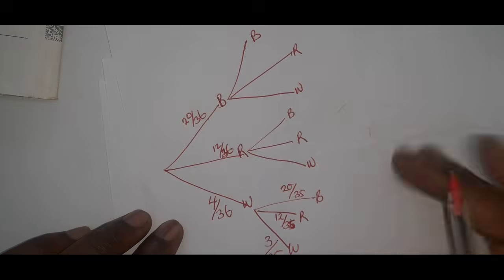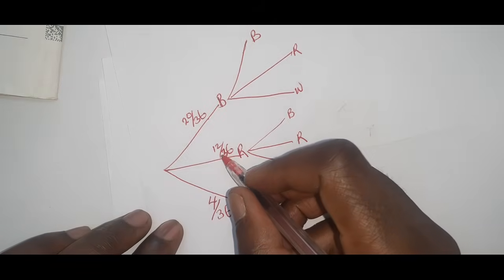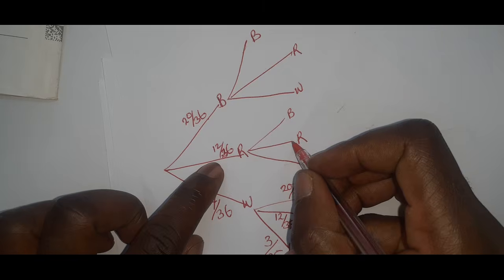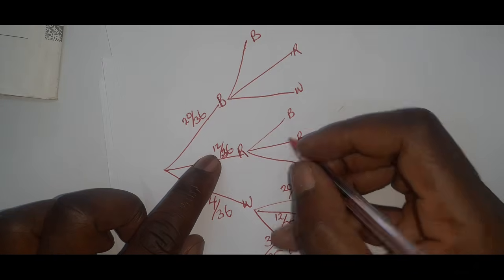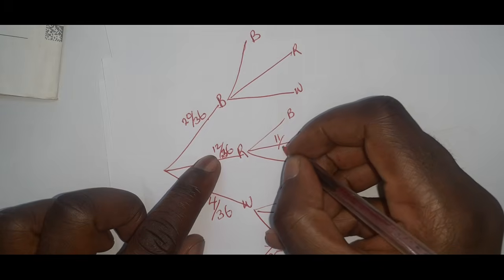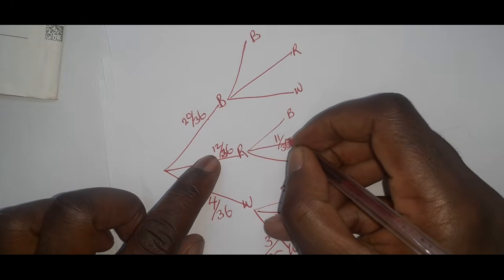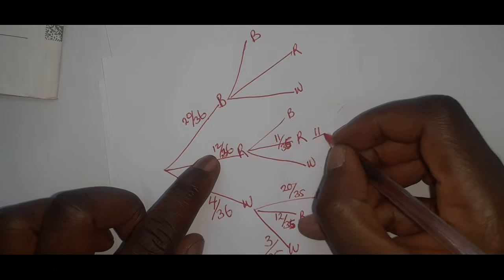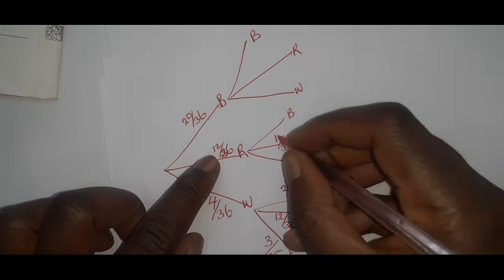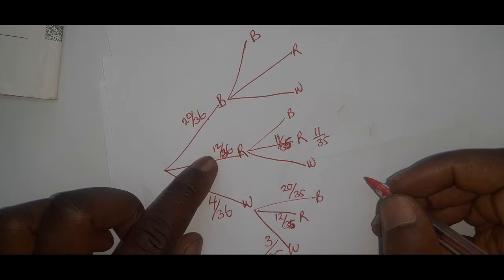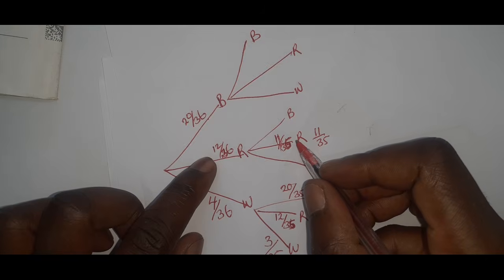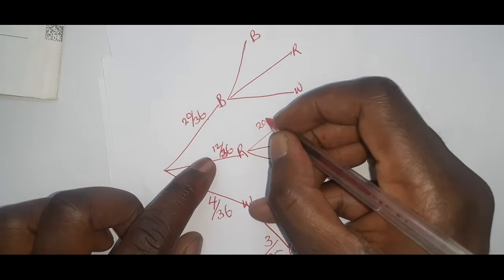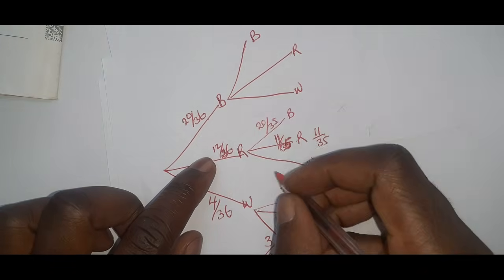Then take note, if the first one that was picked was red, what is the probability that the second one will also be red? This is going to be 11 over 35. Take note, 11 over 35. It means these other two colors are still intact, but the total number has reduced.